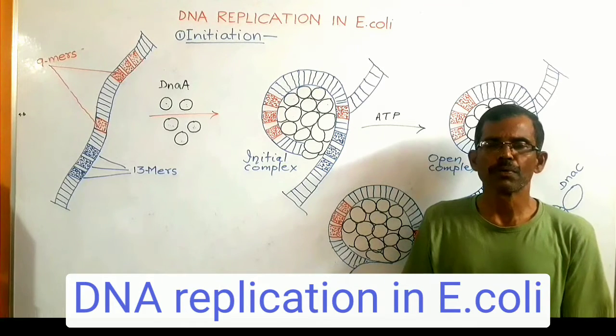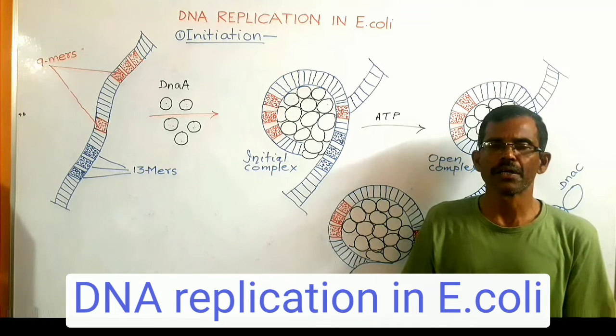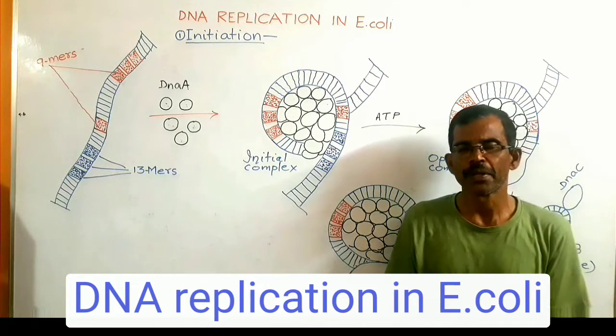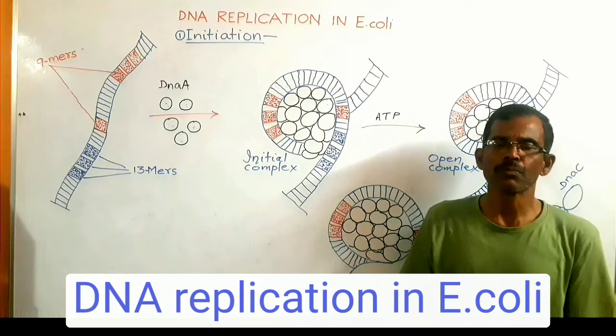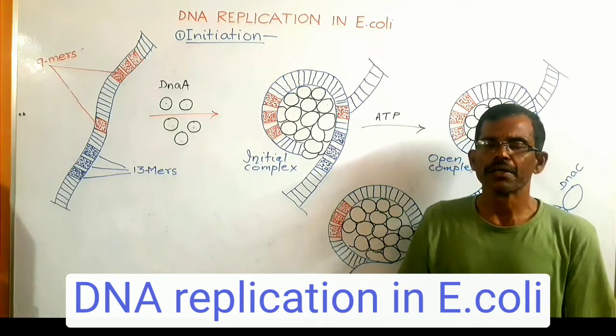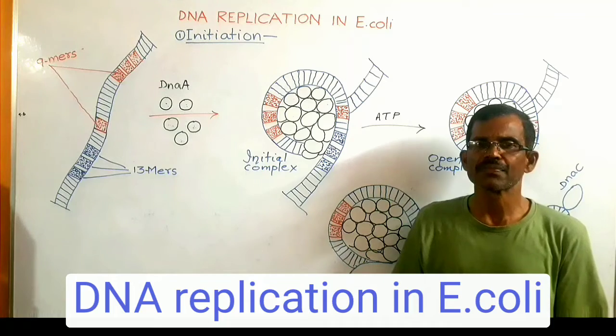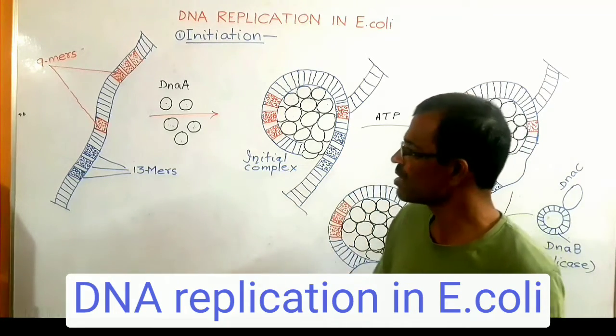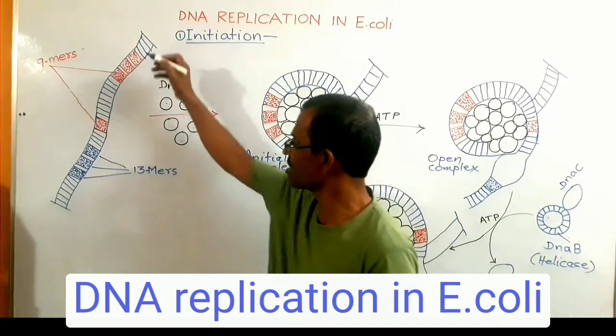First of all, we shall discuss initiation. The chromosome of E. coli is a single circular double-stranded DNA molecule of 4.6 million base pairs. In E. coli and in most bacteria, DNA replication starts from a single origin of replication, which is known as OriC.